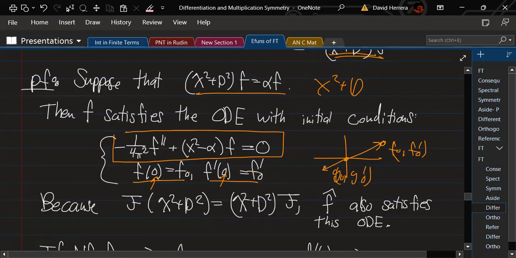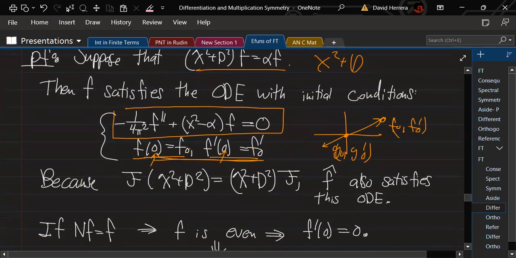If these vectors in R2 are linearly independent, then the functions are linearly independent. That's the key thing: if this vector is a certain multiple of this vector, then the functions are actually the same multiples of each other. That's the key role initial conditions play in terms of uniqueness.